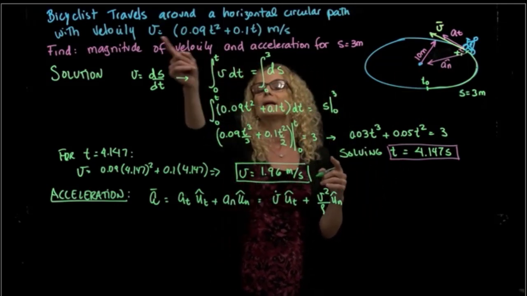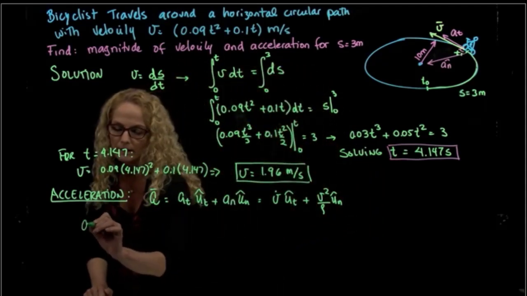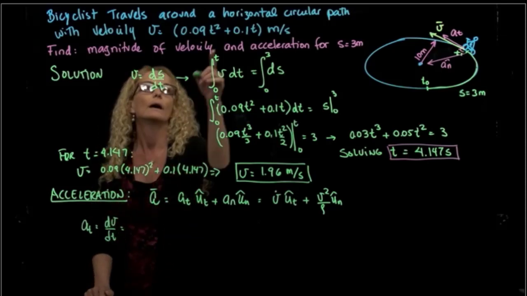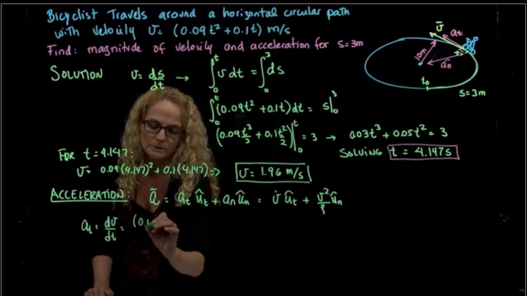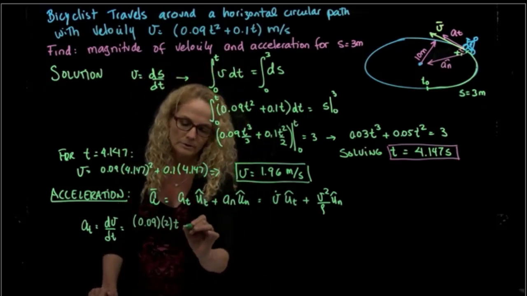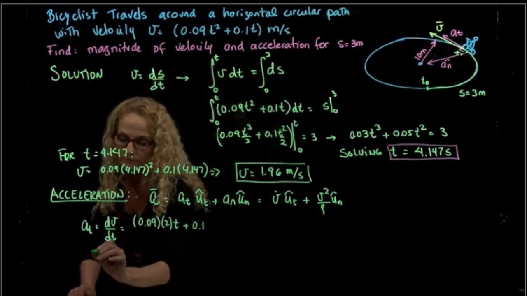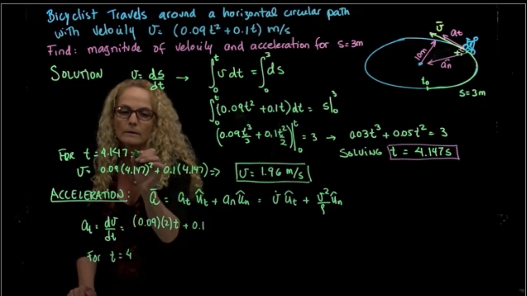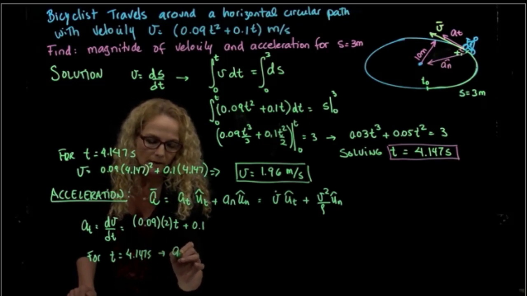Since we have the expression for the velocity in terms of time, the tangent acceleration is the derivative of this expression, which is 0.09 times 2t plus 0.1. Evaluating that for t equals 4.147 seconds, we have the tangent acceleration.